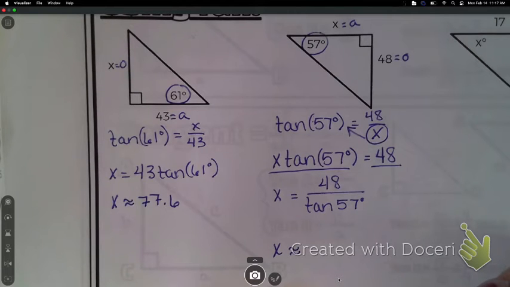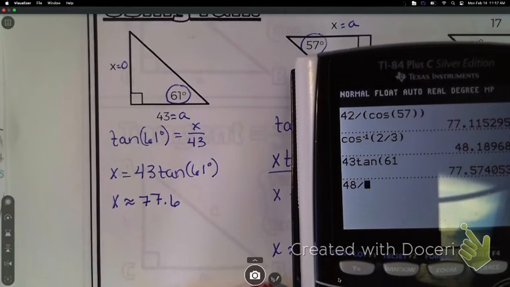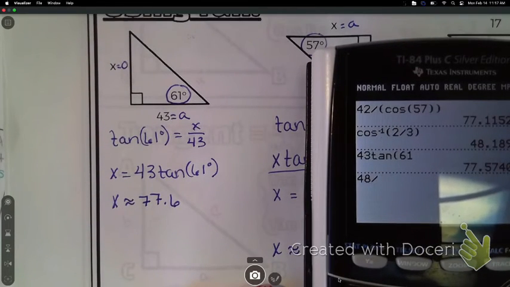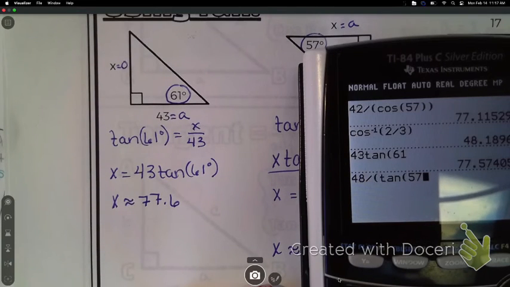Okay, so are you doing 48 divided by, then parenthesis tangent of 57, and then two parentheses? So I have 2 on the left, 2 on the right. Enter. You should get approximately 31.2. Did you get it that time? 31.17.